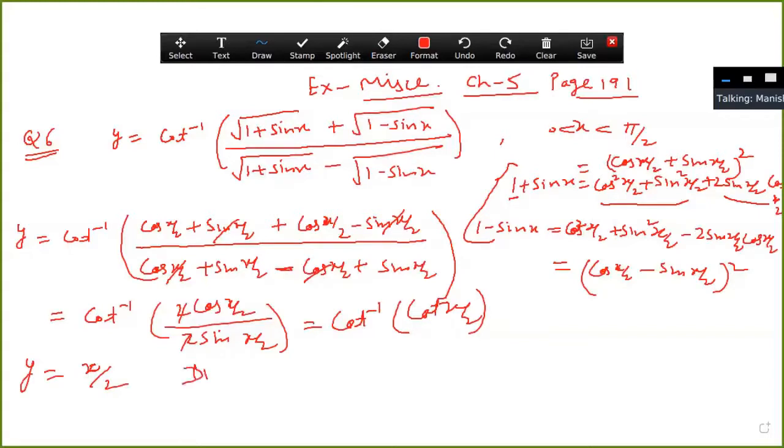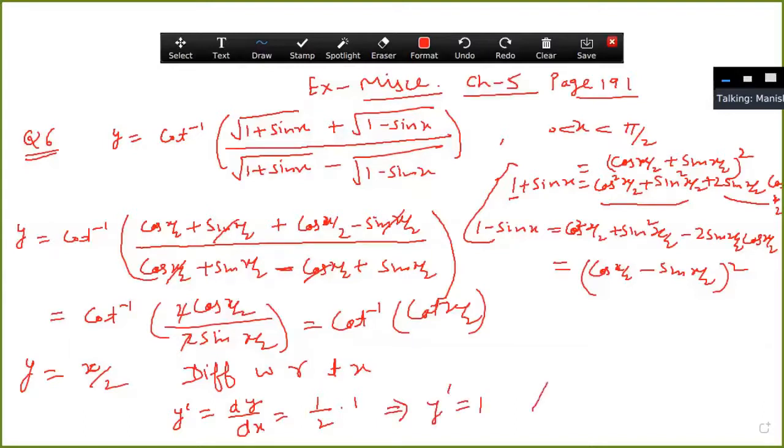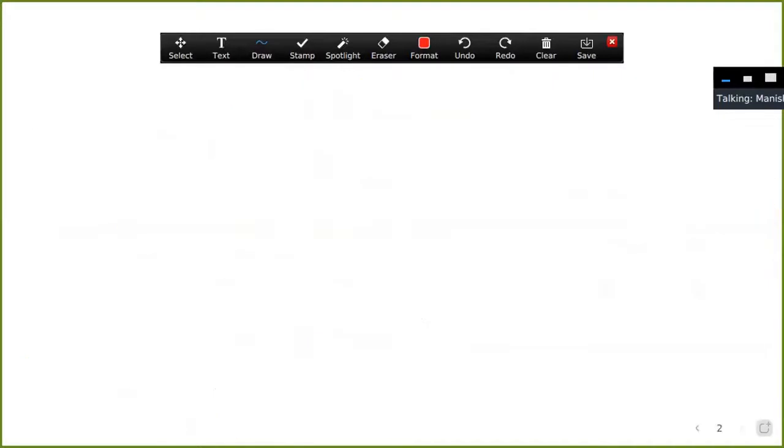What you will get is y dash, or you can say dy upon dx; both are the same notations for the derivative of the function. Taking 1 by 2 outside, the derivative of x is 1, so y dash is equal to 1 by 2. This is the answer of question number 6. Hope you can do this question. The next question we will do is question number 9.